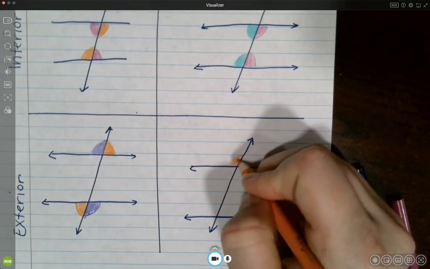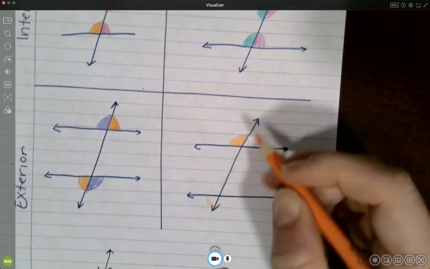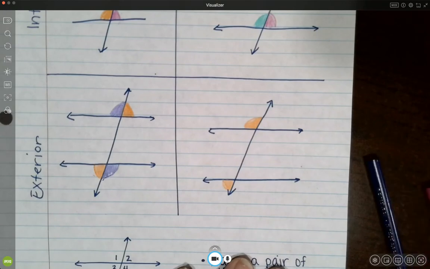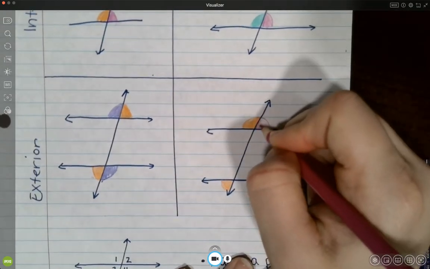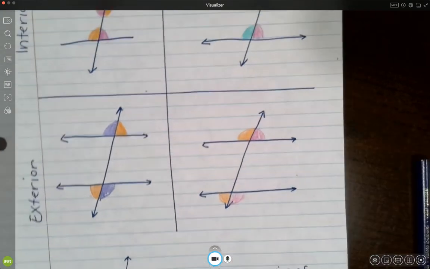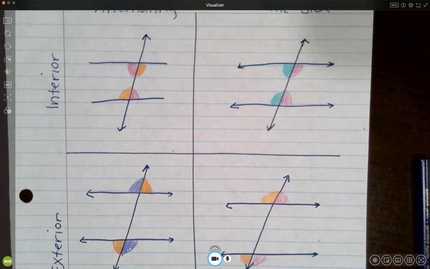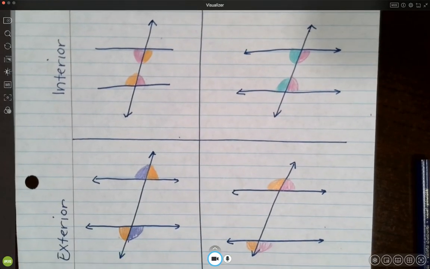So if I'm on this one, I would then match here because I have to be on the same side of the transversal, but on the outside, the exterior. And that angle pairing would match with this one. So here we have a table, interior, exterior, alternating and same side, to help us with our vocabulary.